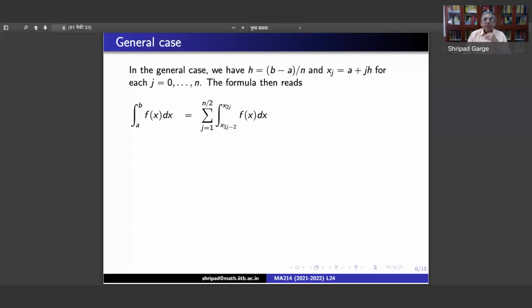And this particular integration is summation j from 1 to n by 2, and Simpson's one-third rule applied to each of these subintervals will give you h by 3.